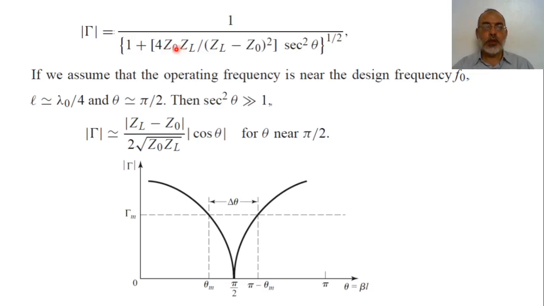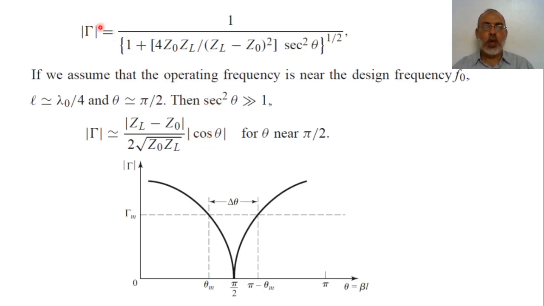So around theta equals pi over 2, the magnitude of the reflection coefficient nearly equals 2 square root Z naught Z load over the magnitude of Z load minus Z naught, without the square because we have a square root. Here we have 1 over sec theta, and 1 over sec is cosine theta, so we have the magnitude of cosine theta.